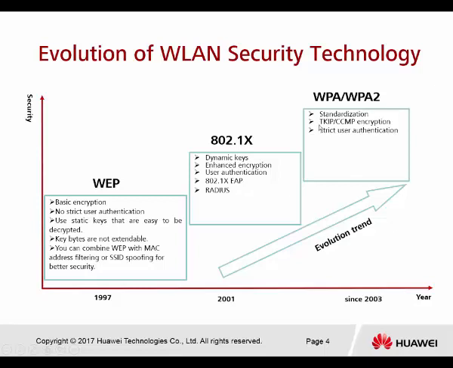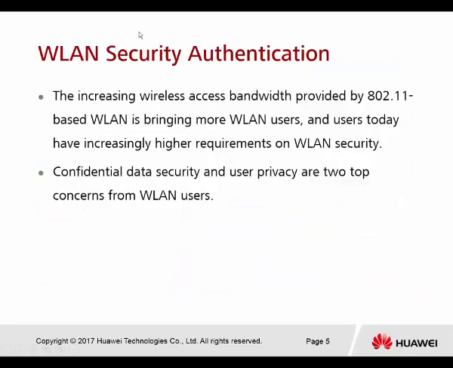Standardization, and they both use TKIP or CCMP to do the encryption, and they have strict user authentication. Security authentication: with the increasing wireless user bandwidth provided by 802.11, the WLAN is bridging more users, and users today have increasingly high requirements on WLAN security.